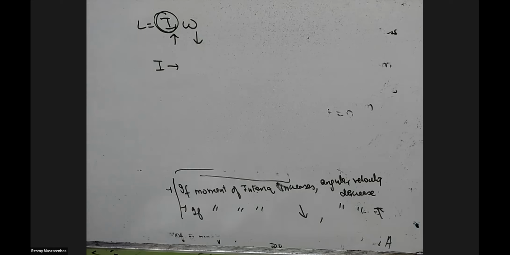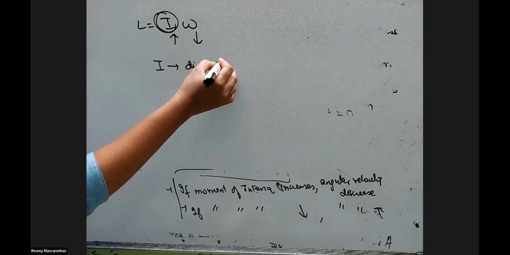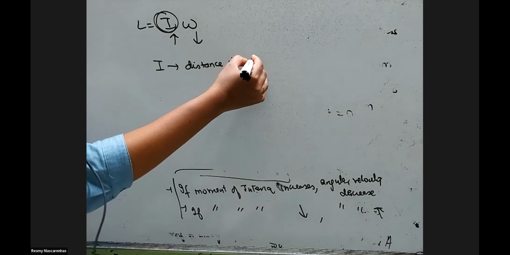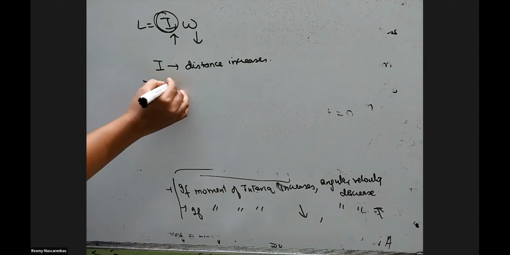It increases if the distance increases. Why? Because it is mr square. R is what?